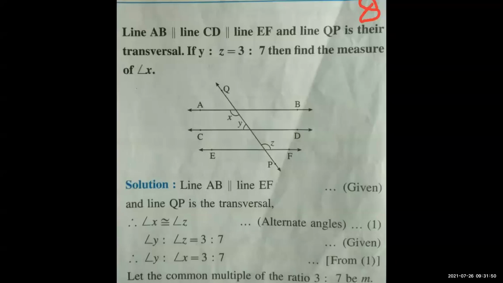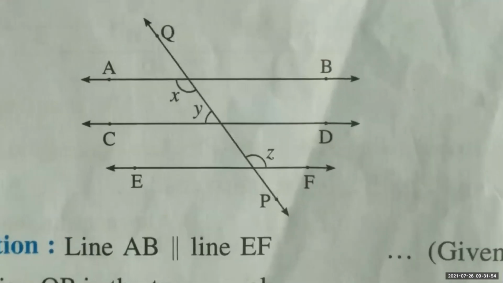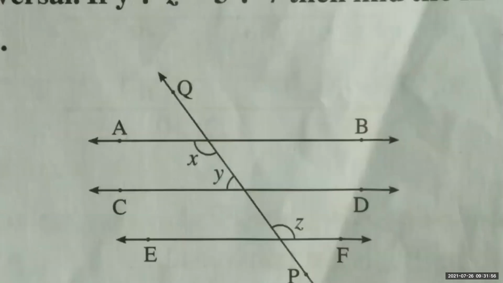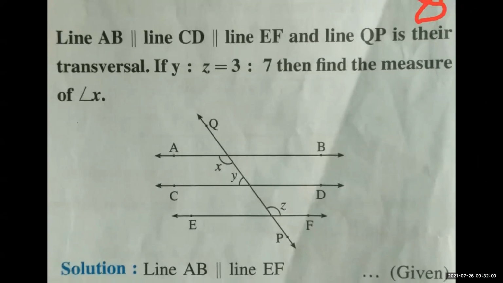Line AB is parallel to line CD is parallel to line EF. That means in the diagram, all three given lines are parallel to each other. And QP is their transversal.